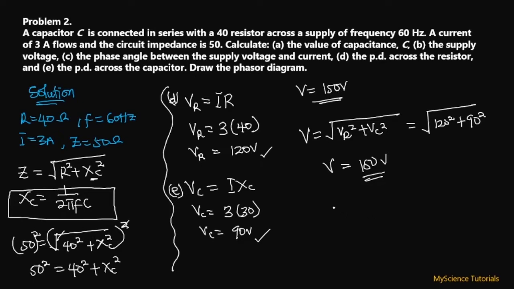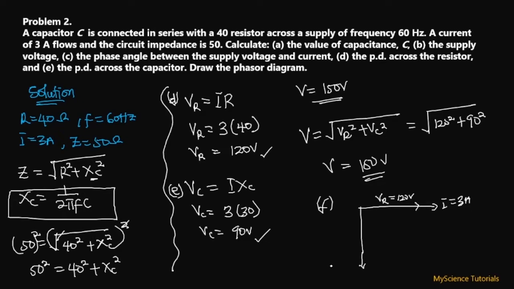Okay, so the phasor diagram F looks like this. We have our current over here, which is 3 amperes. Then we have our resistive voltage, which is 120 volts here.